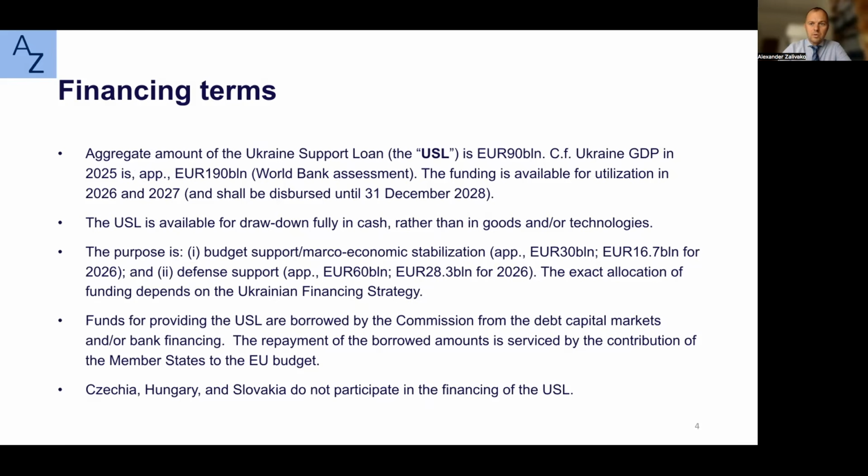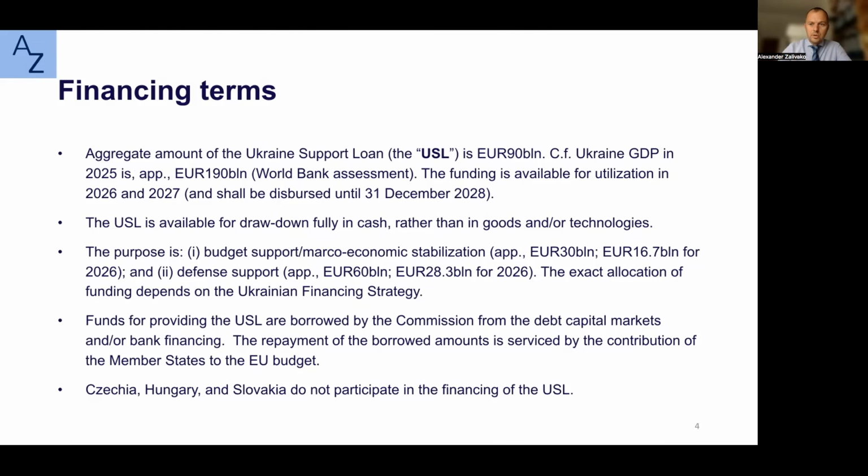So there is the budgetary gap between the spendings and the tax collections. And this gap is financed in part by this instrument. And that's 1/3 of the total amount, approximately 30 billion euros. And then the main part of 60 billion euros is actually the defense spending of Ukraine.